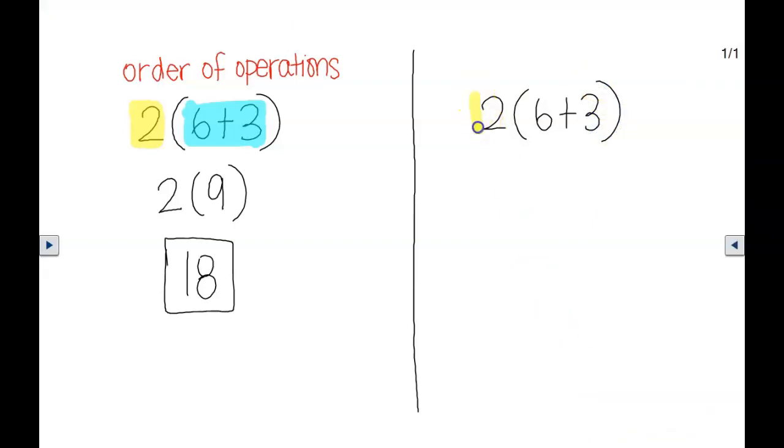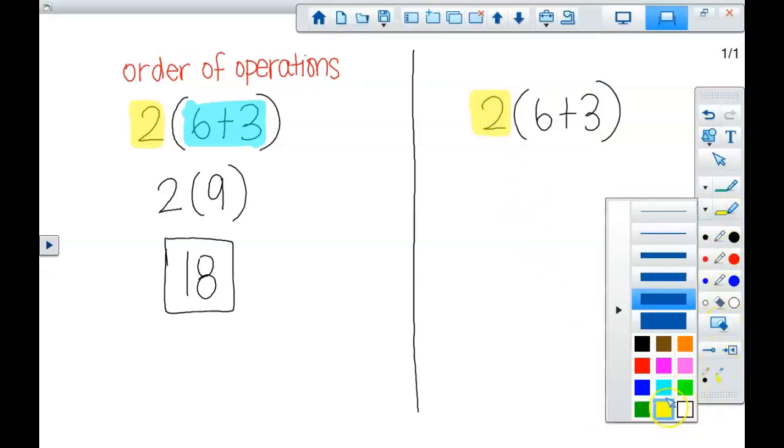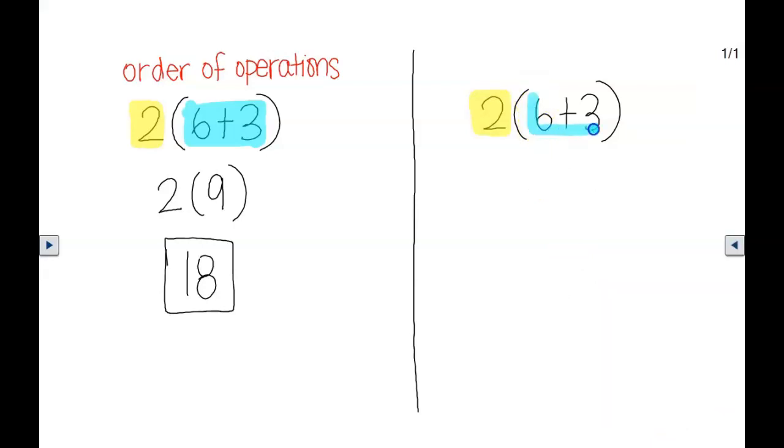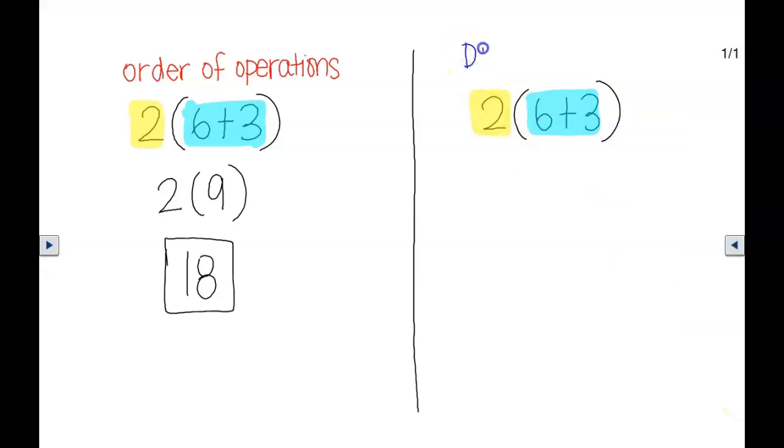It's asking me to take the number 2 and multiply it by the entire group 6 plus 3. This second time around, I'm going to do this problem using something called the distributive property.